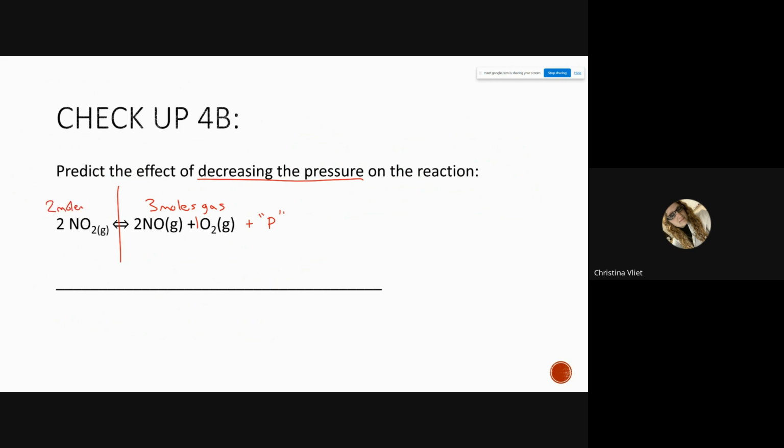On my reactant side, I've got 2 moles of gas. Do you agree? On my product side, I've got 3 moles. It doesn't matter what the identities of the gases are, it's just how many gases we have filling that container. It's really this idea that 1 mole of any gas fills the same amount of space.